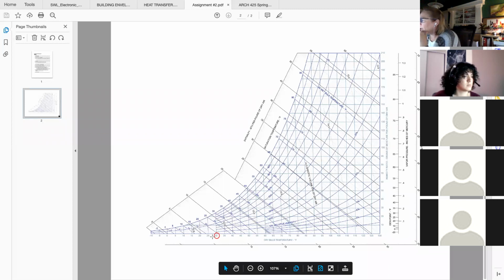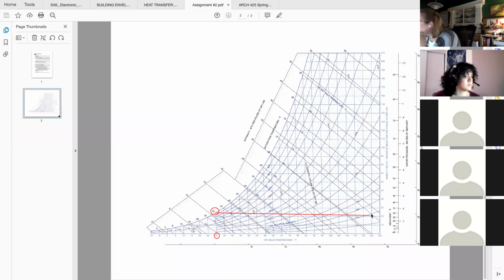So at 30 degrees Fahrenheit, the maximum amount of humidity, this is 100% humidity saturation at that temperature, is going to be about right here, which I would just say is about 25 grains per pound of dry air. And that's just how they measure the humidity.